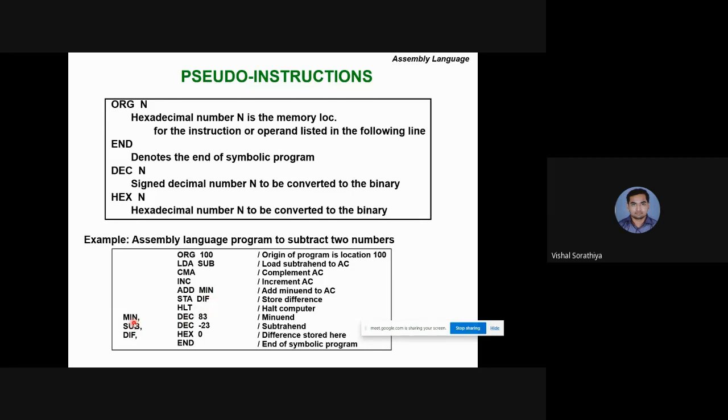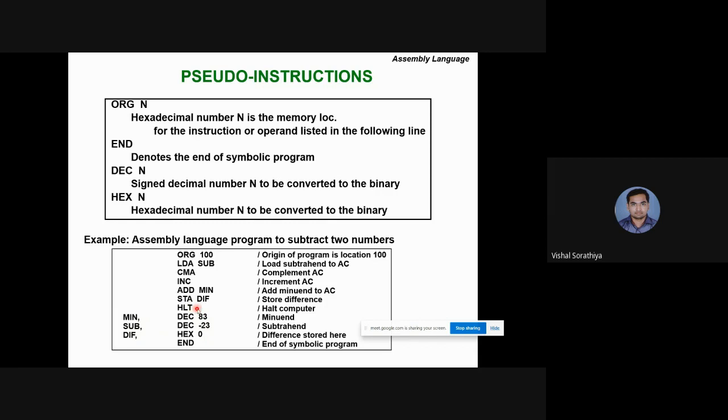MIN is defined as DEC 83, SUB as DEC minus 23, and the difference is HEX 0. Likewise, whatever the program you have written and whatever its definition is, it is stored somewhere. MIN is stored over here, whatever you need to subtract is stored over here, and then the difference is going to be stored over there.